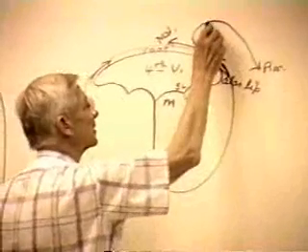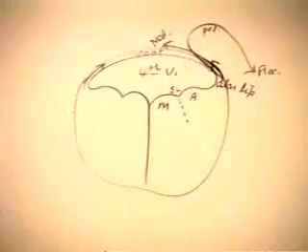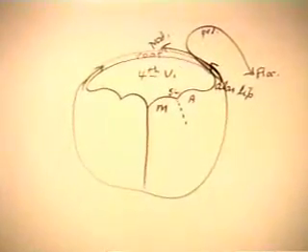So we have a floccular peduncle connecting the two.